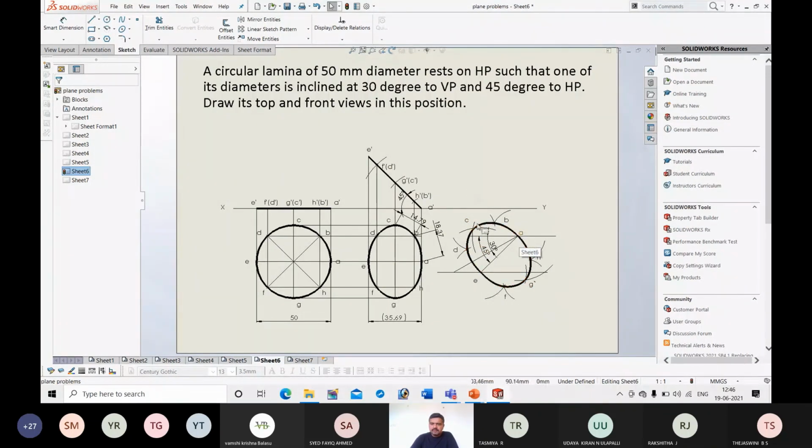To get these points, initially by using the beta angle procedure, I will get this line. I can get AE and mark AE on this line.